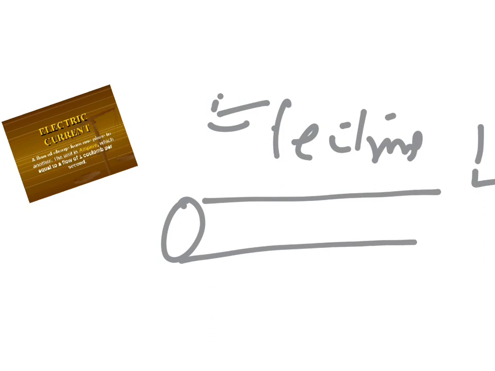Same case is with electrons. If we take a conductor, in a conductor there are already electrons present. Electrons are negatively charged, as you know.